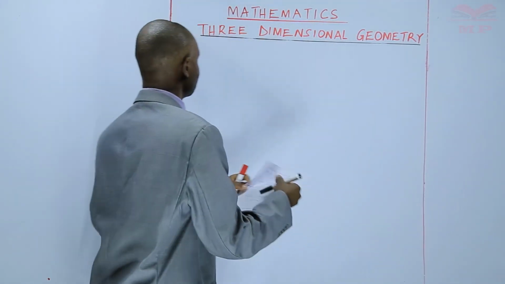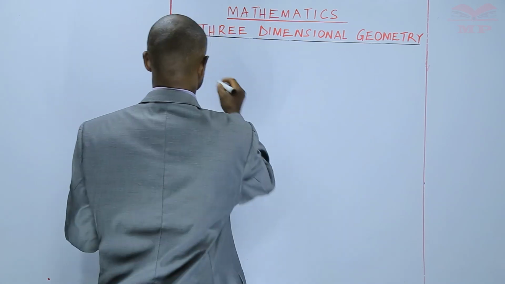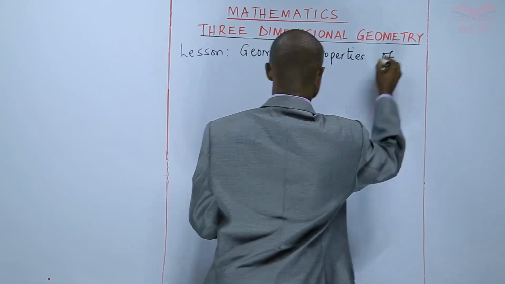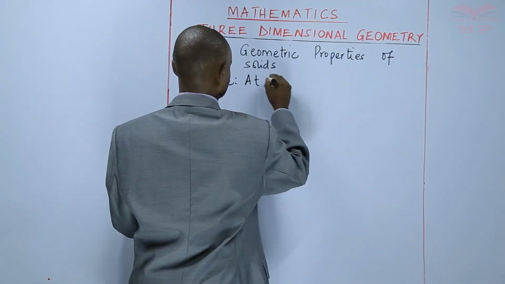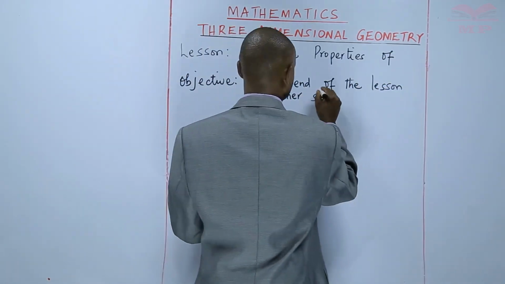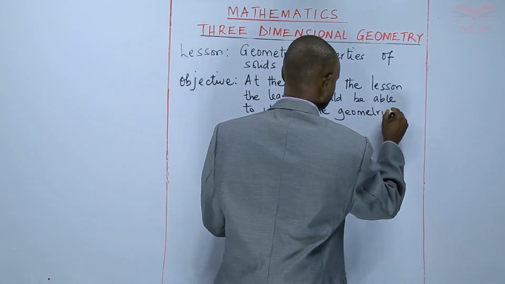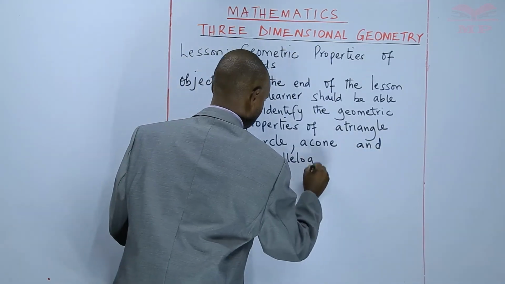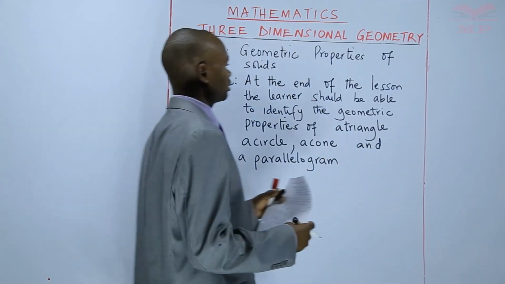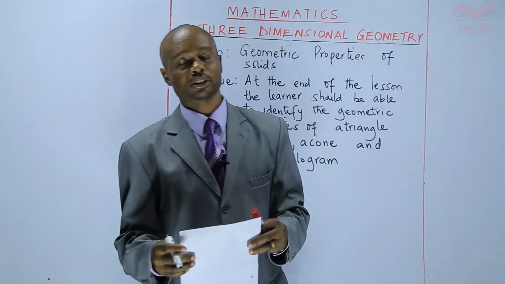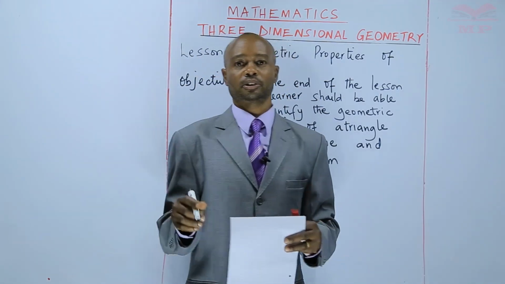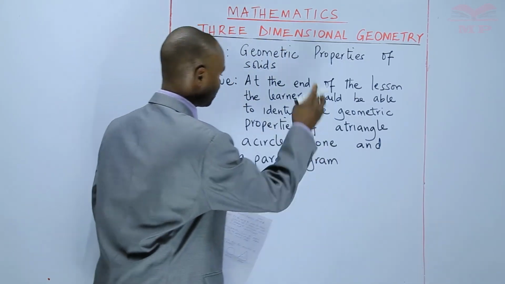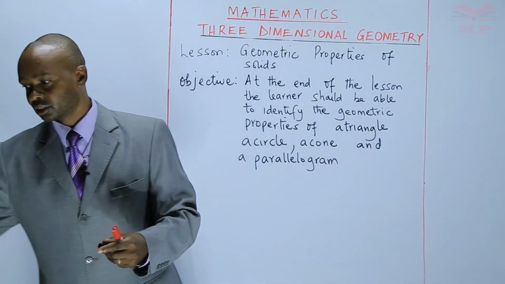So our lesson, the objective at the end of the lesson, you should be able to state and identify the properties of a circle, a cone, and a parallelogram.